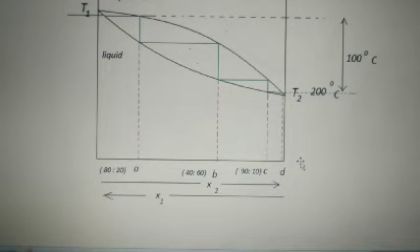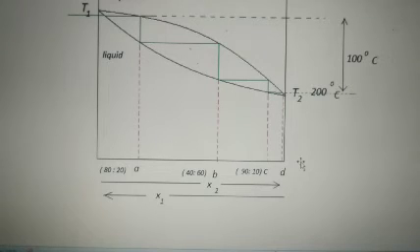So condensation and evaporation continue, and at last only one component is left and the second component is removed. So it means we are able to separate one component from the other by continuous evaporation, condensation, evaporation and condensation.